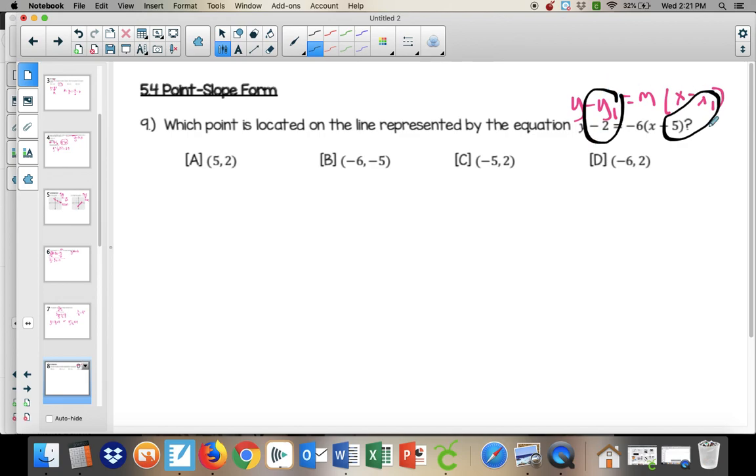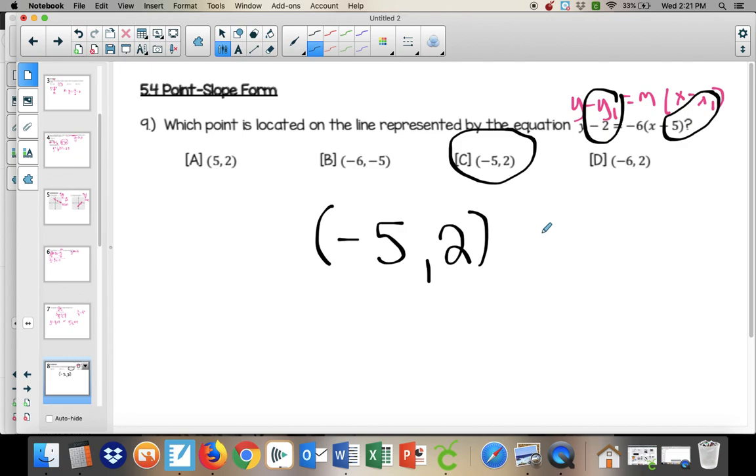And remember, we go the opposite. So if my x is adding 5, it's really a -5. And if it is subtracting 2, it is really a +2. So out of all of these points, C is the one that is shown in this equation. You're just pulling it right out of the form.